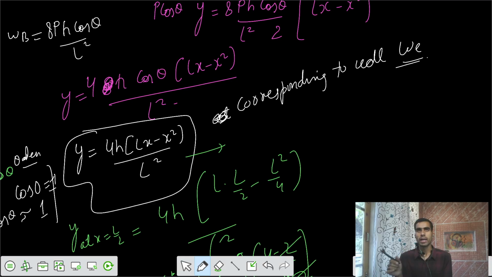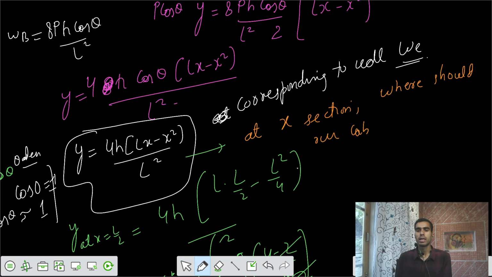Now to counteract that, I have to place the cable in such a way that it is at a particular location from the neutral axis, such that it balances the load because of that external load. So at a particular value of X, at the X section, where should our cable be placed? That is the significance of this equation.